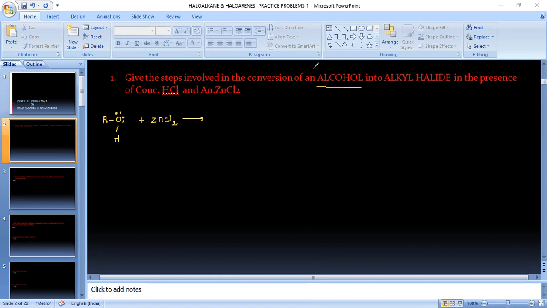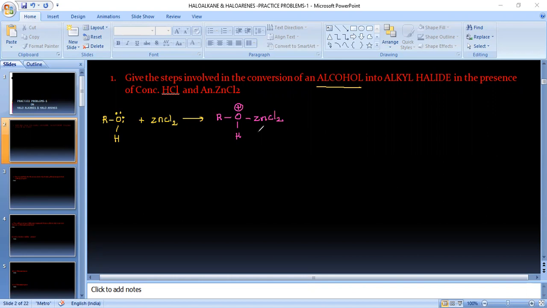What type of product does it give, beta? The intermediate product is the protonium ion, R-OH with ZnCl2. What is the main use of this protonium ion?